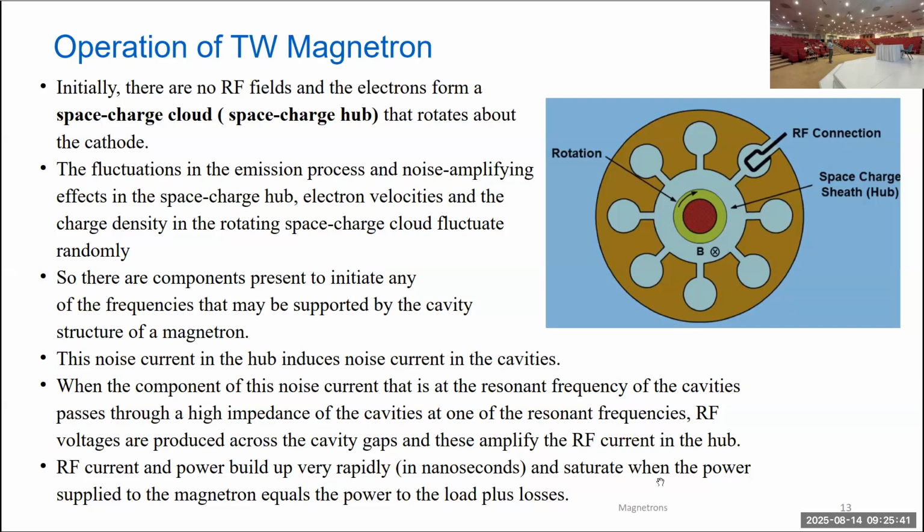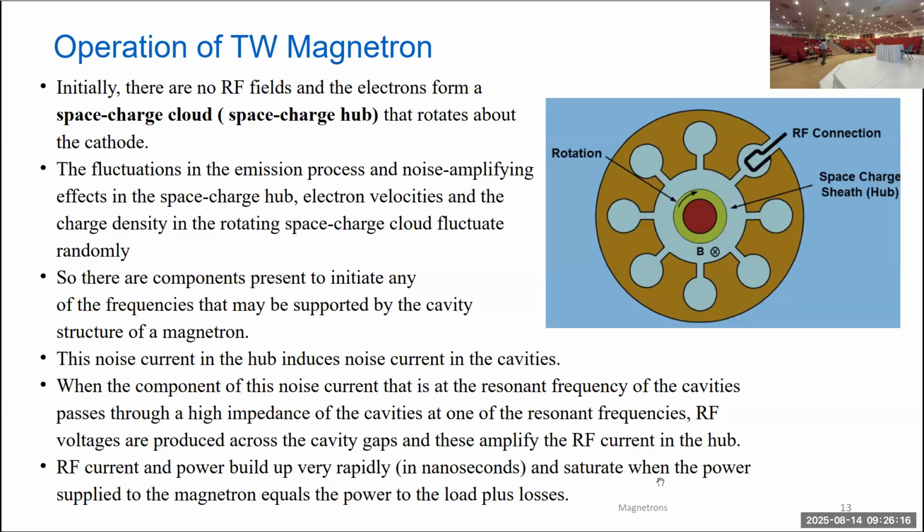Now, how does this work? Initially, when this hub starts, there is no RF inside this structure. What happens? The fluctuation in the emission process and noise amplify effects in the space charge hub. Electron velocities and charge density in the rotating space charge cloud fluctuate randomly. So there are components present in any of the frequencies that may be supported by the cavities, structure, and magnetron.